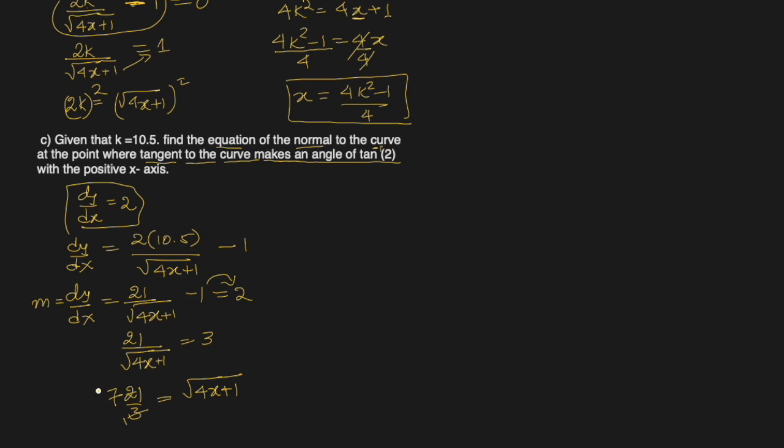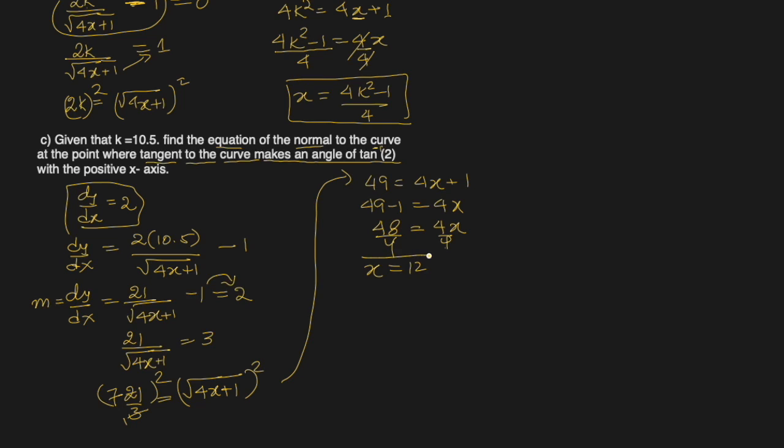Now square both sides so that we get the x coordinate. So 7 square will be 49 equal to 4x plus 1. Bring it here. 49 minus 1 equal to 4x. 48 equal to 4x. Divide both sides by 4, so x is equal to 12.